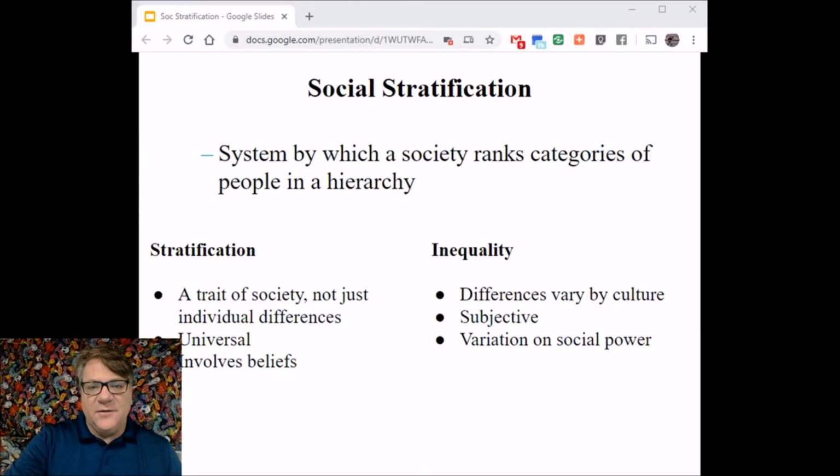So you have some societies that are more likely to have inequality based on social class, or some societies that are more likely to have inequality based on race and ethnicity, and some societies have more inequality based upon gender or sexual preference. And so, again, the last bullet here, it's variation on social power.